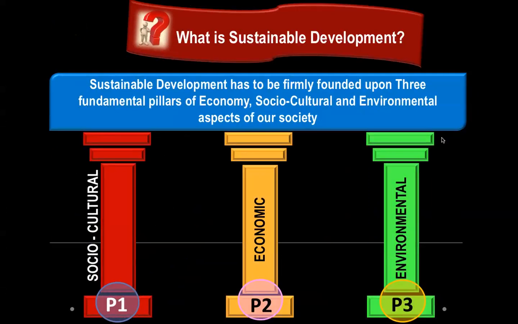How can the world economy and population continue to grow forever when the earth's resources are finite? Economic growth has to be reconciled with environmental stability. True sustainability stands very firmly on these three pillars of economy, socio-cultural, and environmental.